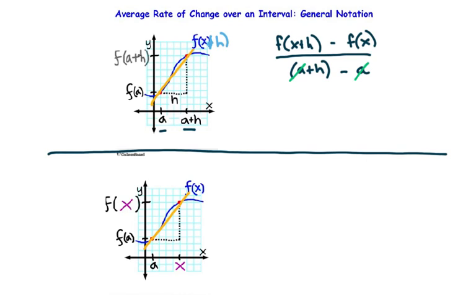In the second one, my y's are f of x minus f of a all over x minus a. So I'm just using my whole change in y over change in x. Hang on to that thought.